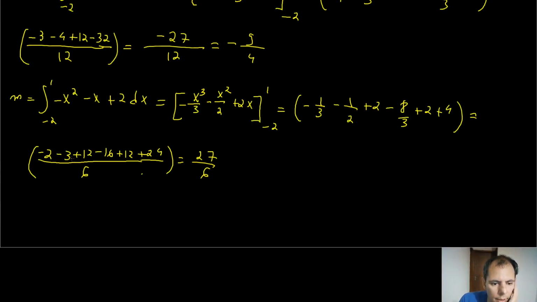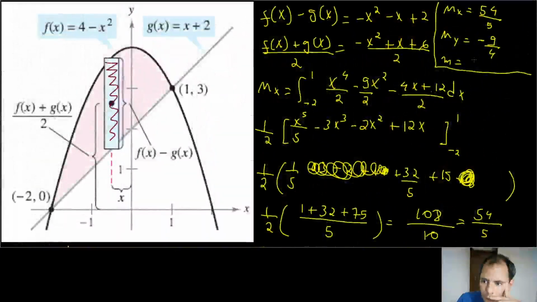Okay, let's try this again. There'll be 7 here, right? -9, 12 -9, 3, 3 + 24, 27 over 6, okay. And you can divide everything by 3, so it'll be 9/2. Yeah. So the mass is 9/2.